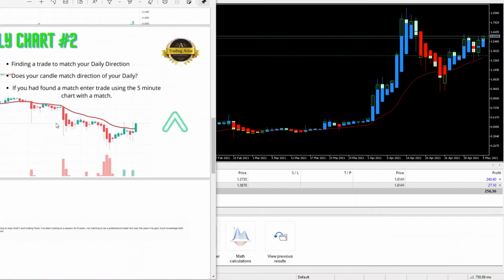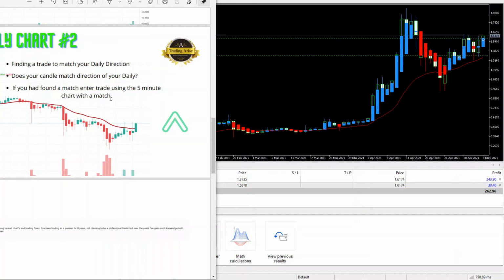Once you got your direction determined with your daily, you will go to your hourly chart. Find a trade to match your daily direction. Does the candlestick match the direction of your daily? If you had found a match, enter a trade using the 5-minute chart.